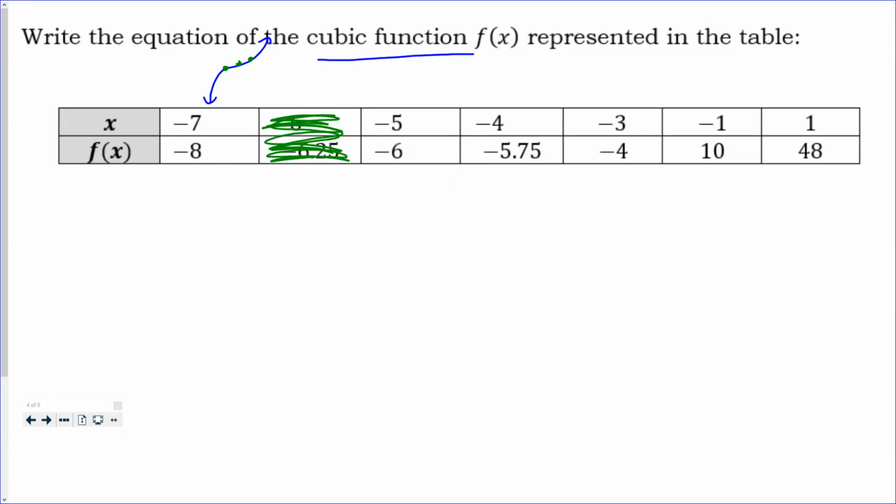So cross out the -6.25, and we're going to look at it like this table right here. From here, we're going to do the same thing. I'm going to look at this table and see where my y's are close to each other. And my y's are pretty close to each other between these two points right there.